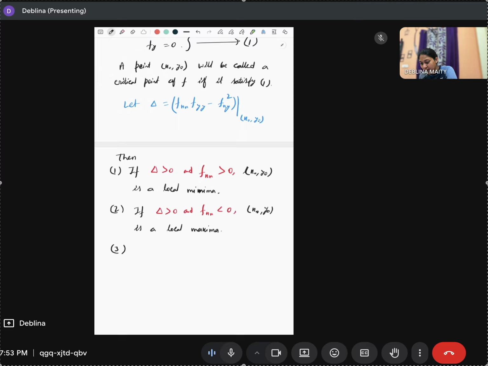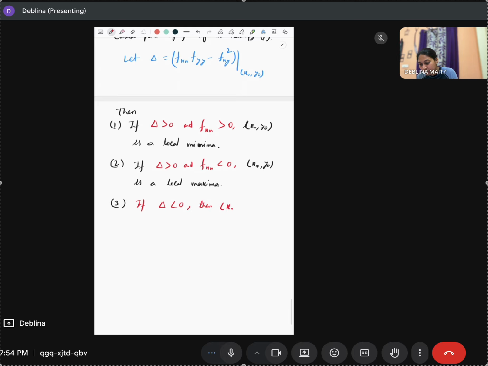The third condition is, if delta is less than 0, then this point (x naught, y naught) is neither local maxima nor local minima.